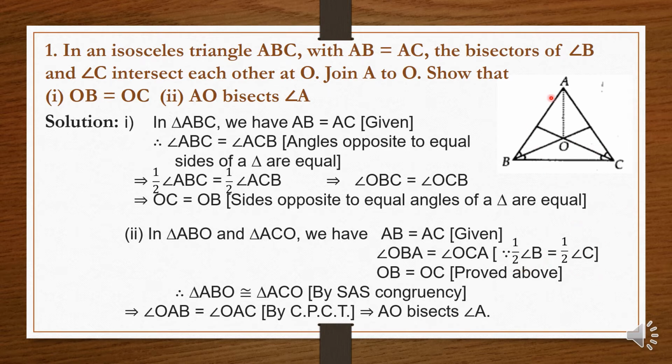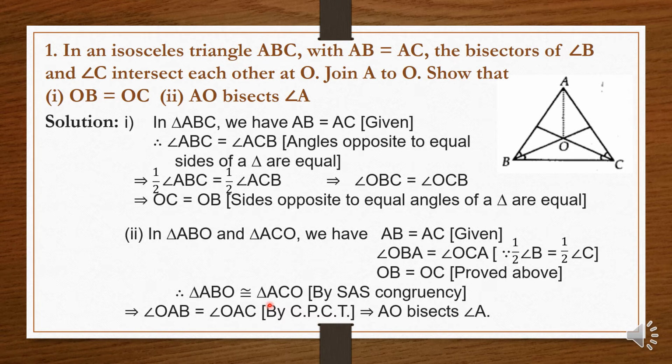So what we can see here is this side is equal to this side, BO is equal to CO, as well as these two angles, this angle is equal to this angle. So we are getting the condition side, angle, side, the SAS rule. Therefore, by the SAS congruence rule, we can write triangle ABO is congruent to triangle ACO.